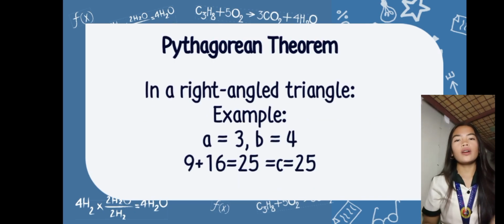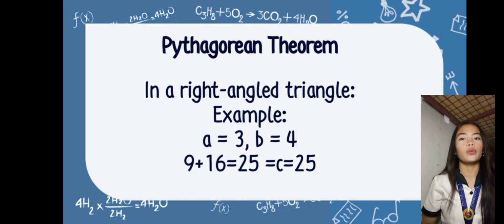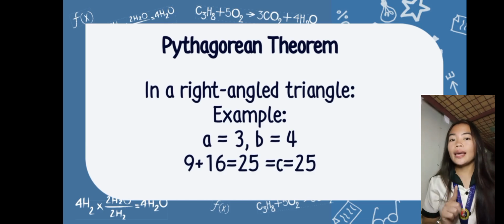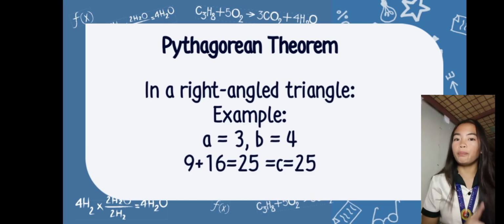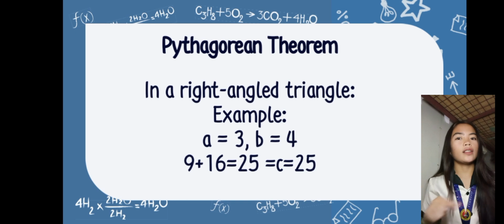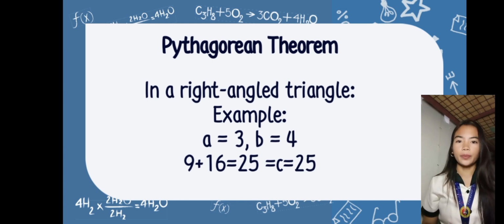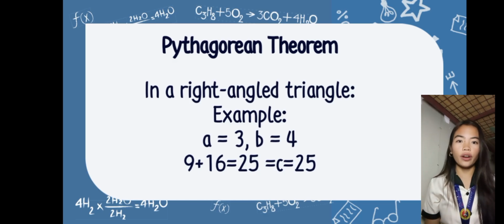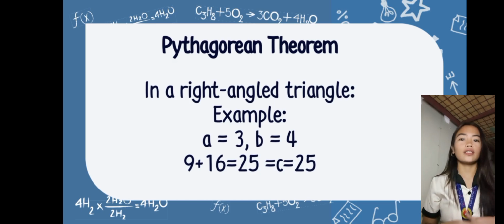Now let's talk about the Pythagorean theorem, which applies to right-angled triangles. It states that a squared plus b squared equals c squared. For example, if a equals 3 and b equals 4, then c equals 5.